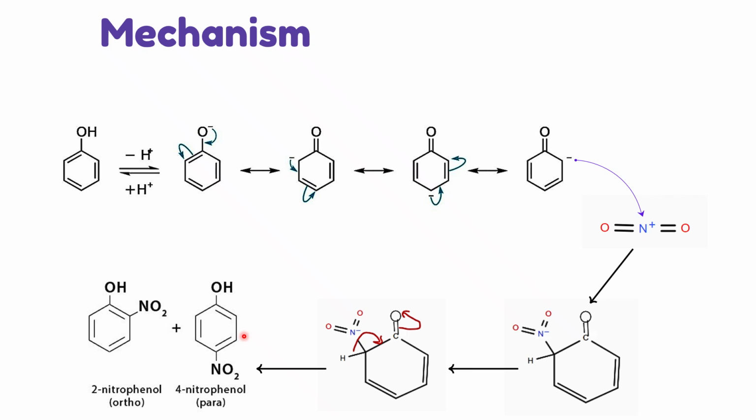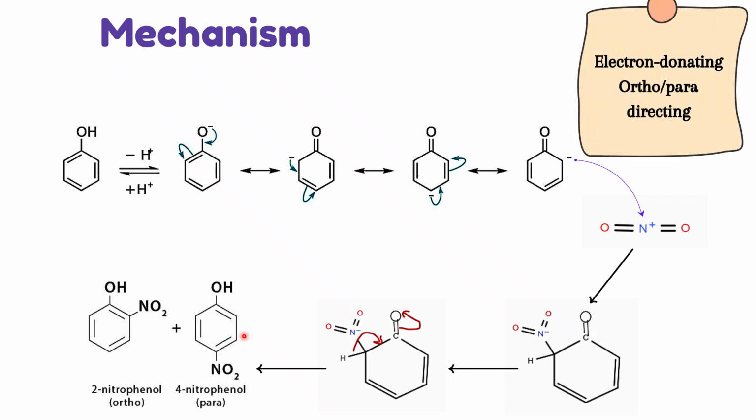Also, in the exam you may have a question asking which is the major product. There you have to use a concept based on electron donating and electron withdrawing groups. If you have an electron donating group attached to the benzene ring, as you can see, this particular group has donated its electron to the benzene ring. This OH group is called an electron donating group.